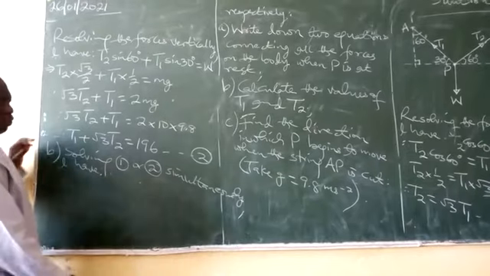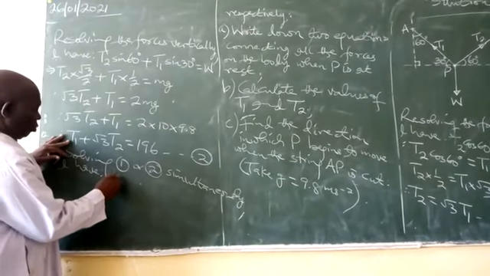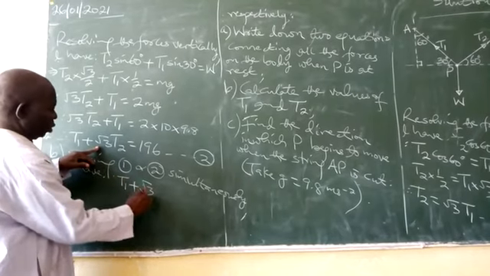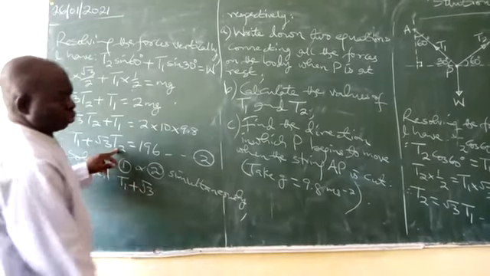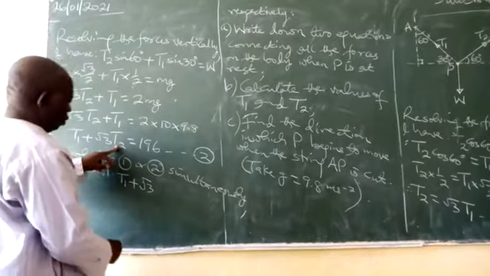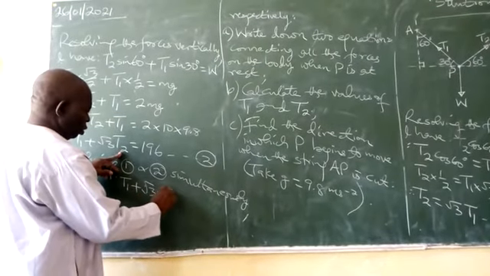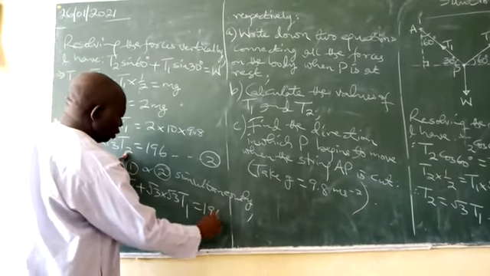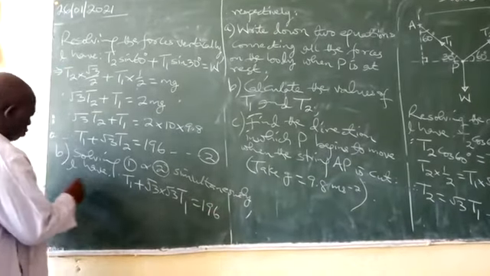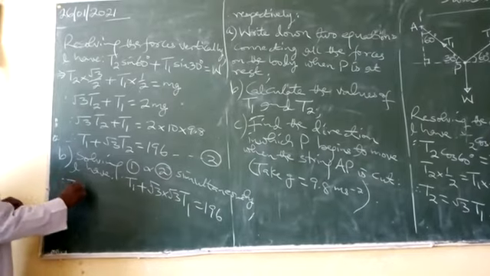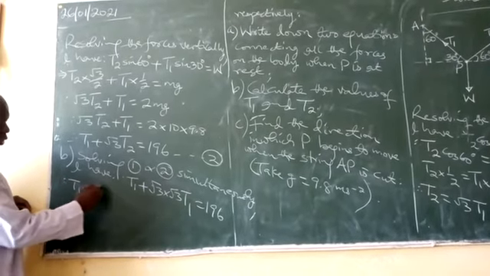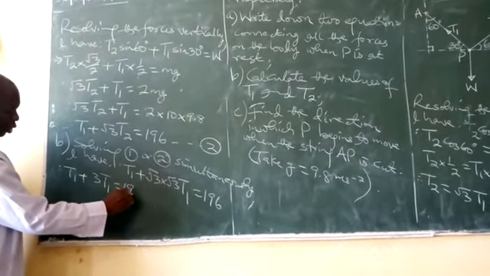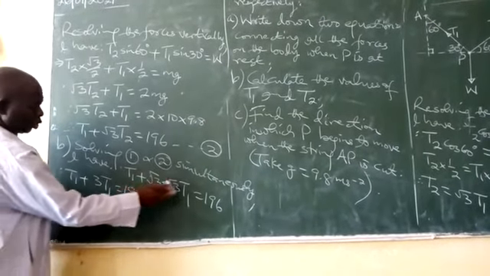I have T1 plus root 3 T2. What is T2? T2 is root 3 T1, so root 3 times root 3 T1 is equal to 196. So I have T1 plus 3 T1 is equal to 196, because root 3 times root 3 is 3.